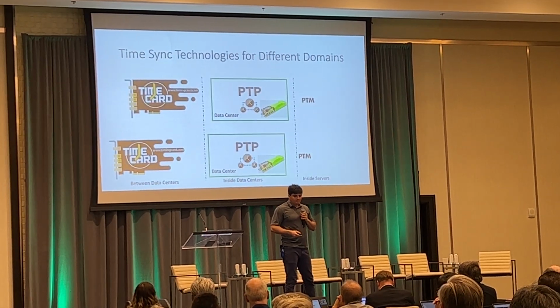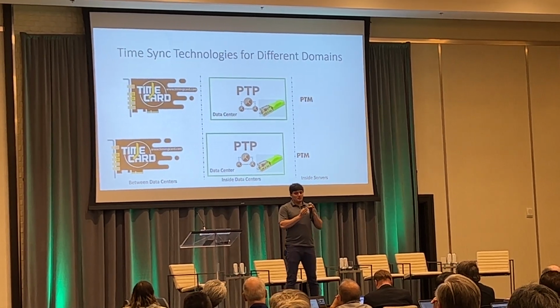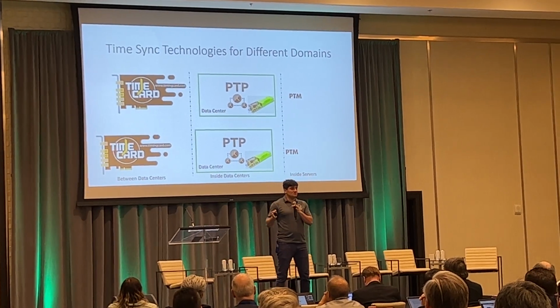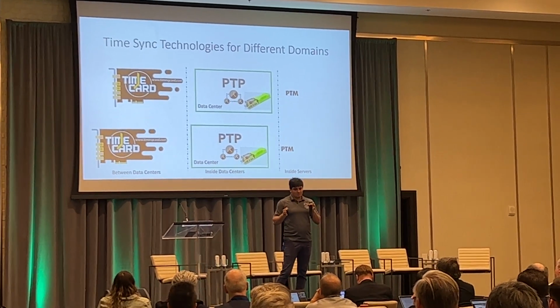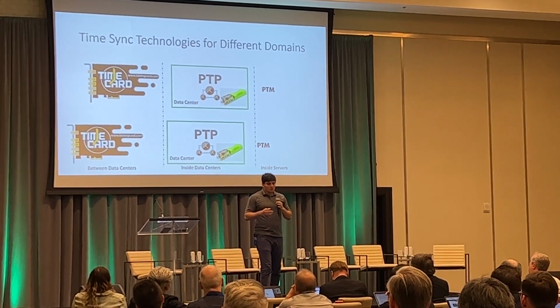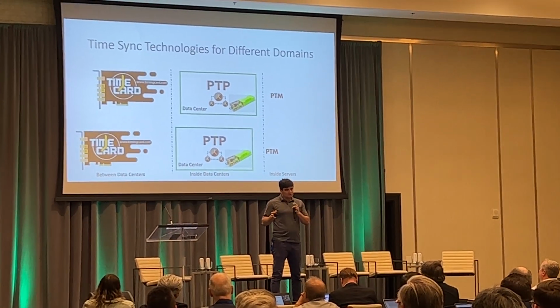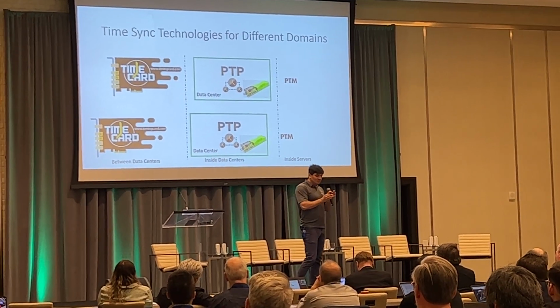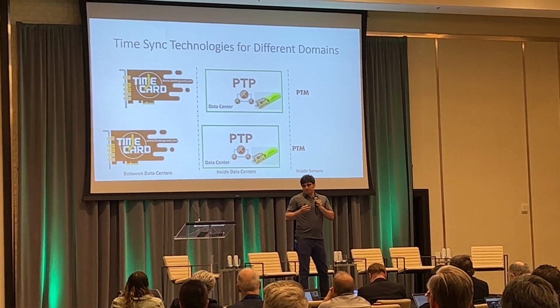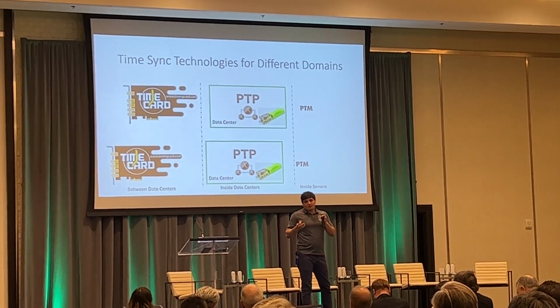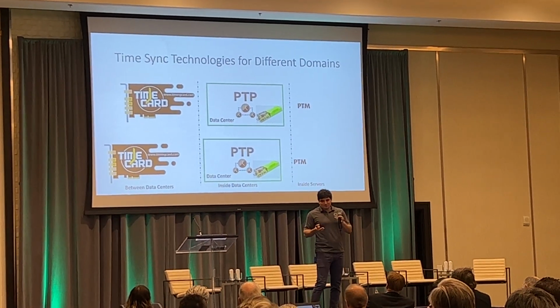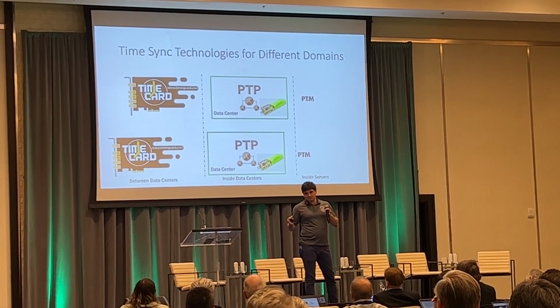And how we look at different domains of this precision time, because I always get this question: we have Time Card, so we don't need PTP? No. Of course, if money was not a problem, and I think it's also a stupid solution, you put Time Card on every server. So you don't do that.